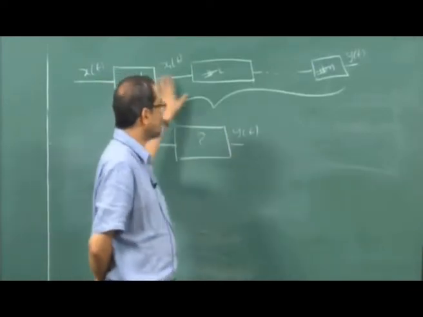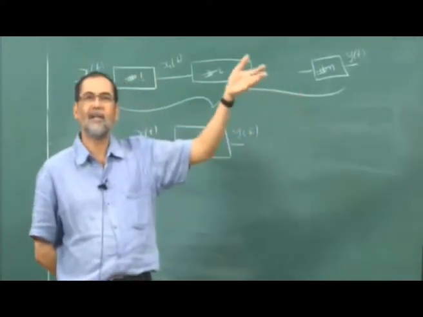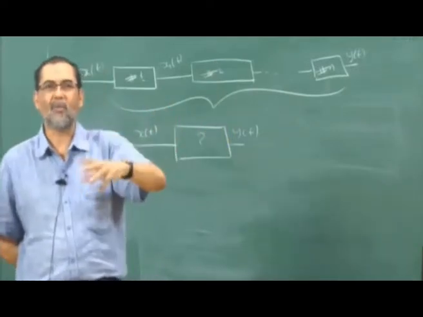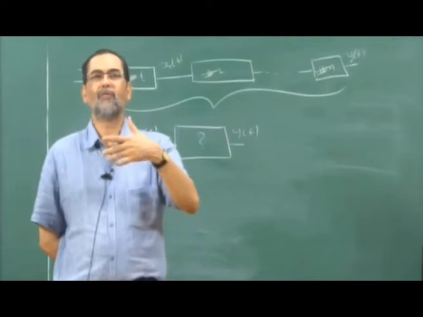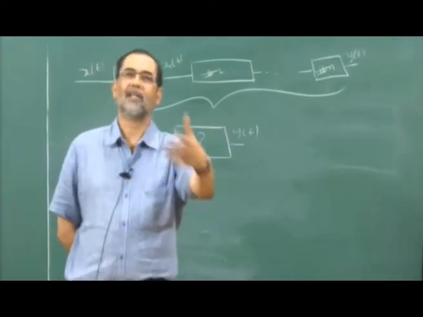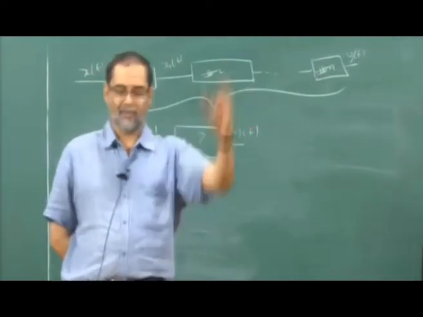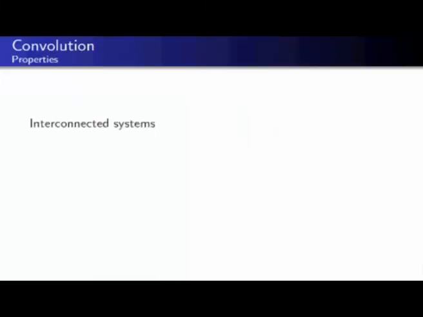The reason this is important is that all practical systems consist of multiple systems where the output of one processor is given as input to the second processor, and so on. So that's the interconnection of systems.